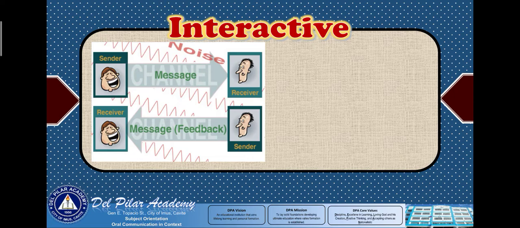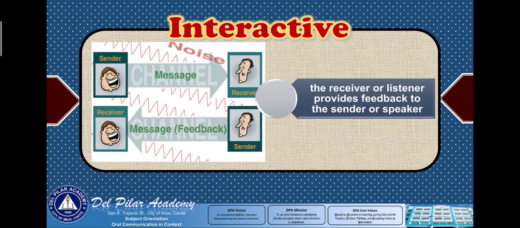Now in the interactive communication model, the receiver or the listener can provide feedback to the sender or the speaker. So in this model, the receiver doesn't only receive, but he or she can also send feedback.